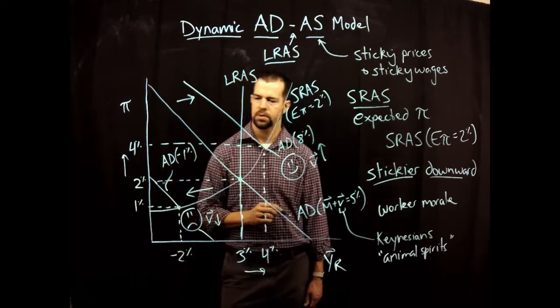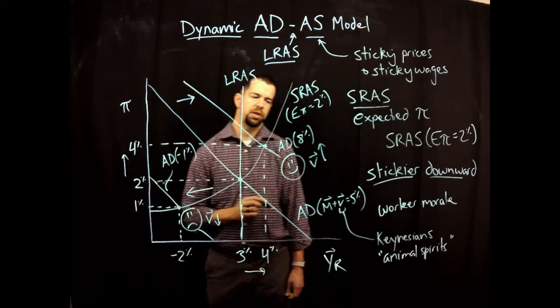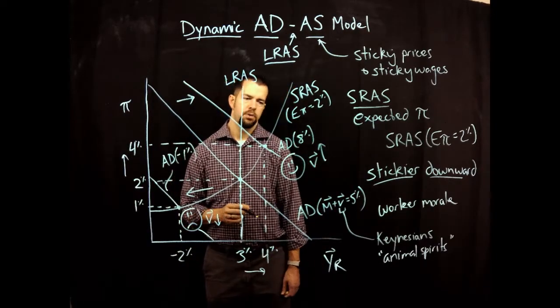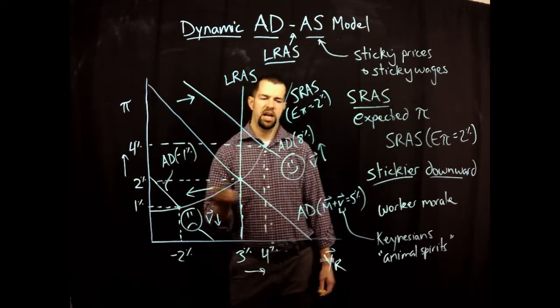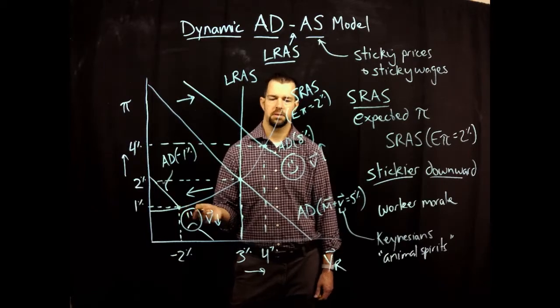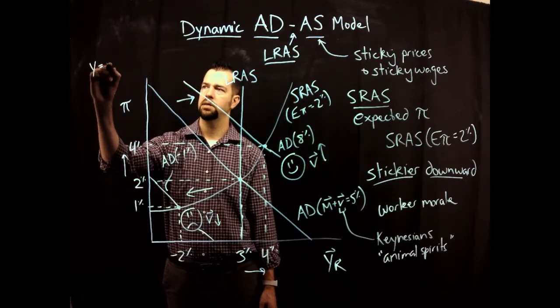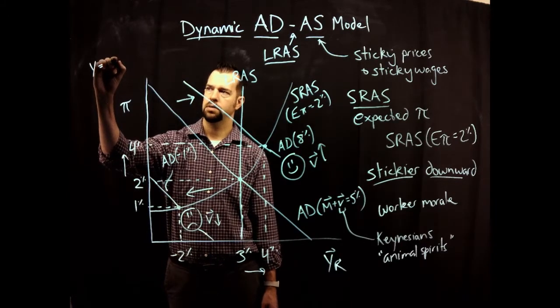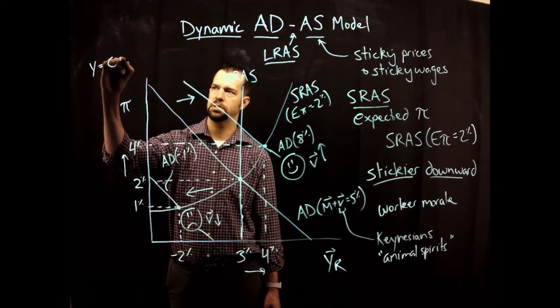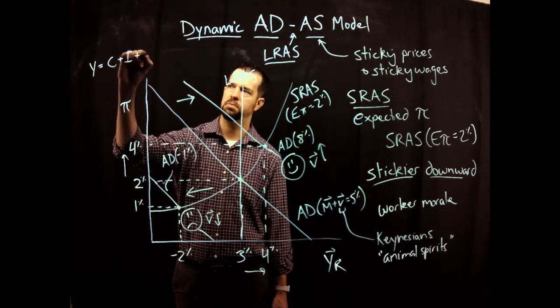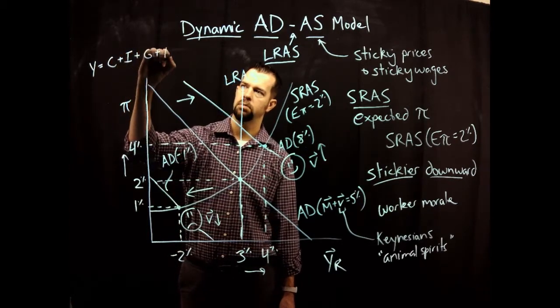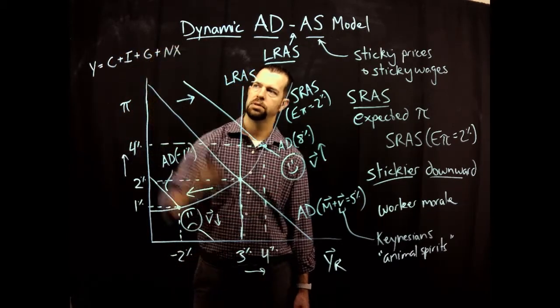Okay. All right. So the question now is, where are these animal spirits manifesting? Well, if you remember our equation for spending, for GDP, we have Y equals consumption plus investment plus government spending plus net exports.